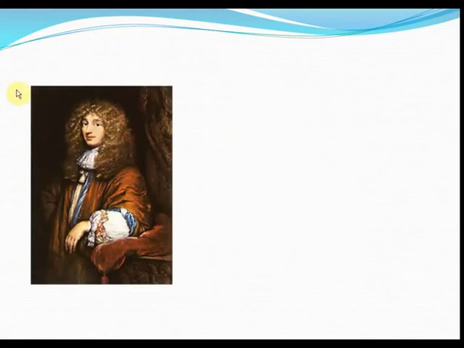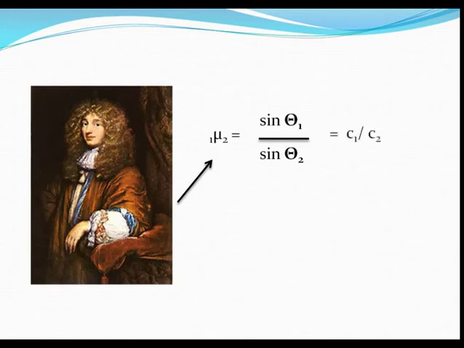There was this one scientist called Huygens, and he researched more on this phenomenon of refractive index, like exactly what does sine θ1 by sine θ2 represent physically and things like that. What Huygens found out was that we say that 1 mu 2 is sine θ1 by sine θ2. This is also equal to c1 by c2. He found this out by experimentation.